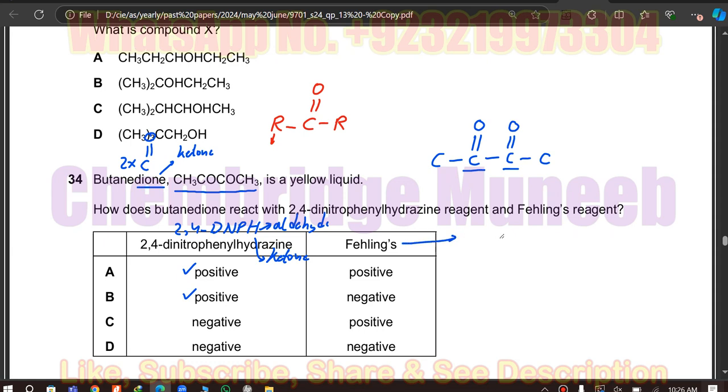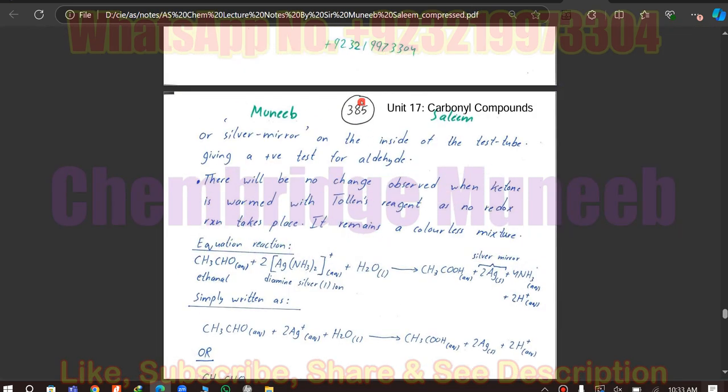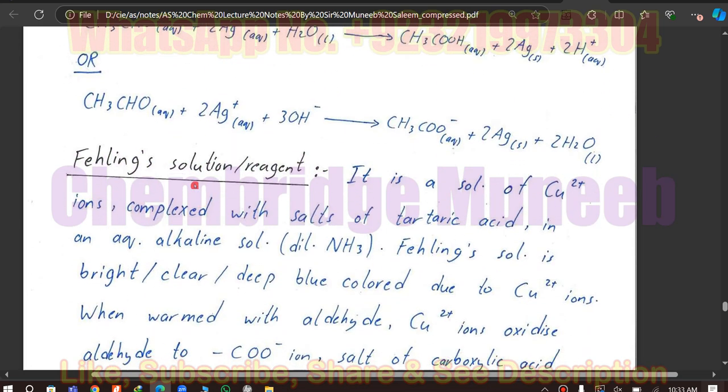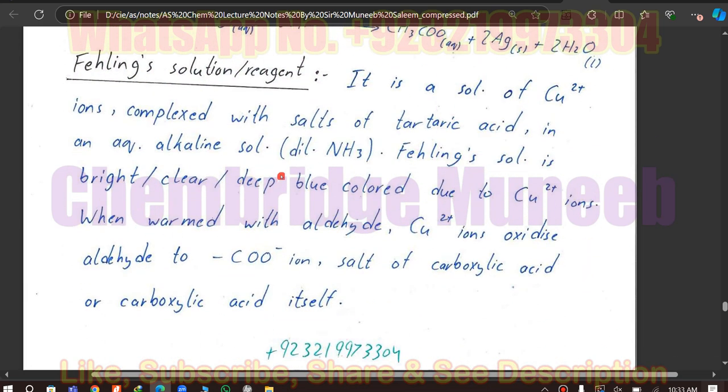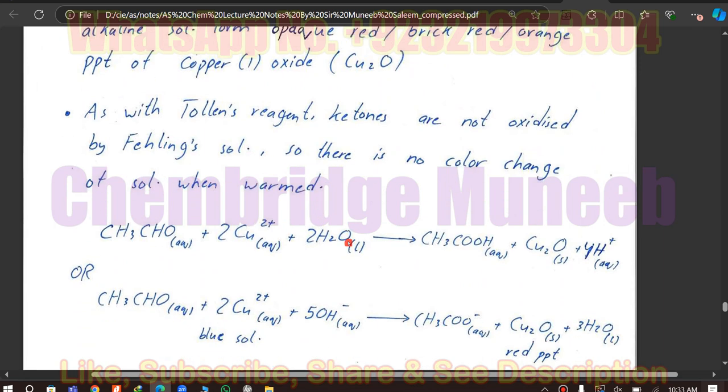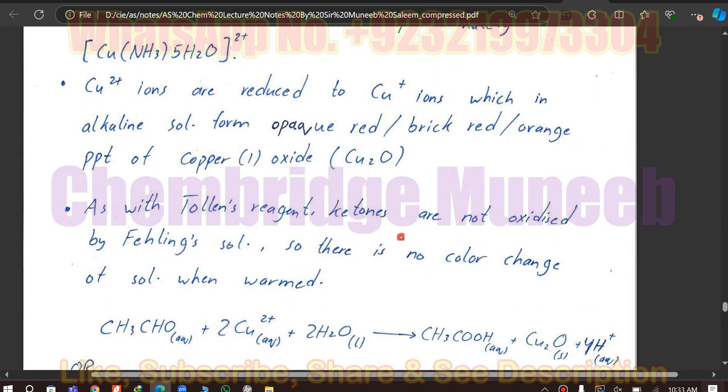That is right. Now about the Fehling's reagent. The Fehling's reagent can give a test only with the aldehyde, because we have seen in the literature. Here in my notes of AS chemistry, you can find under the Fehling's solution reagent reaction that this compound can react with the aldehyde. It oxidizes aldehyde to the carboxylate ion, a salt of the carboxylic acid, and it does not give any reaction with the ketones.